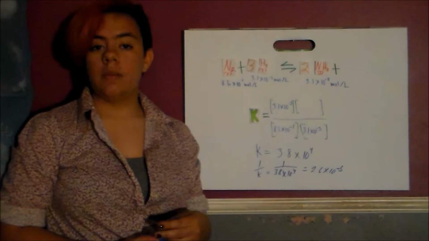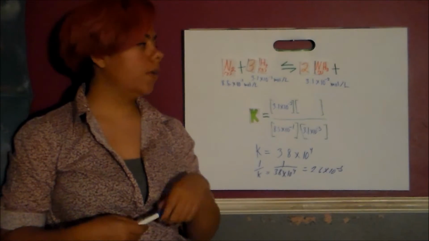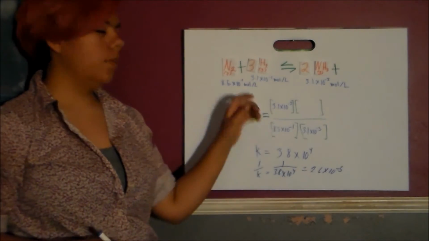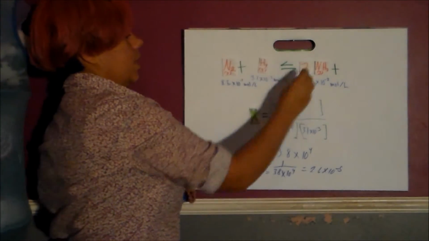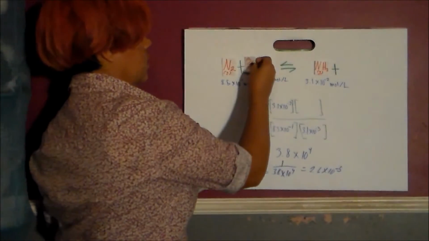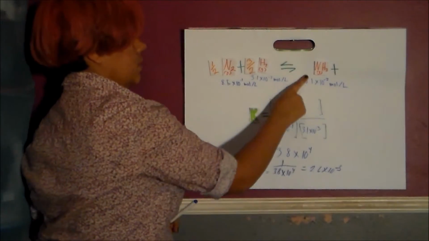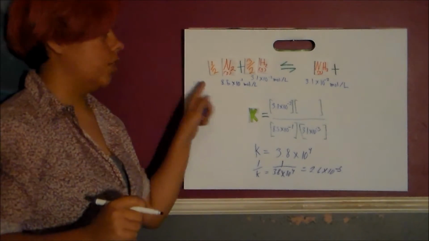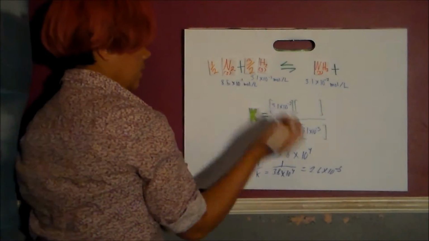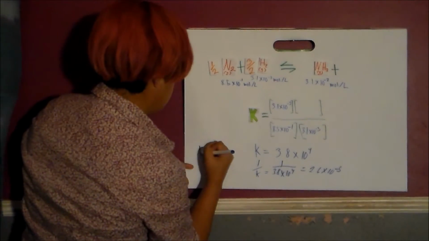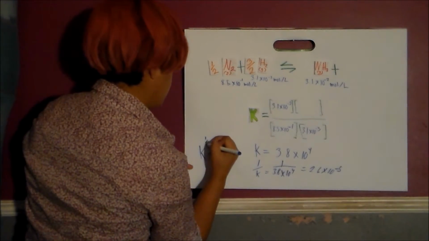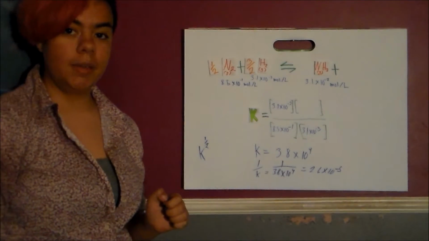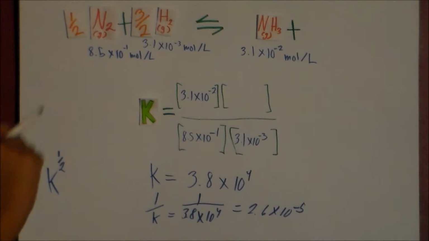So what would happen if we did something to the coefficients in front of our compounds in this equation? Let's say we divide everything in half. So instead of 3 and 2, we have 3 halves, 1 half, and because 2 divided by 2 is 1, nothing in front of there. What you do when you change the coefficients is you take your original K and you raise it to the power that you divided by. So K to the 1/2 is the same thing as square root.